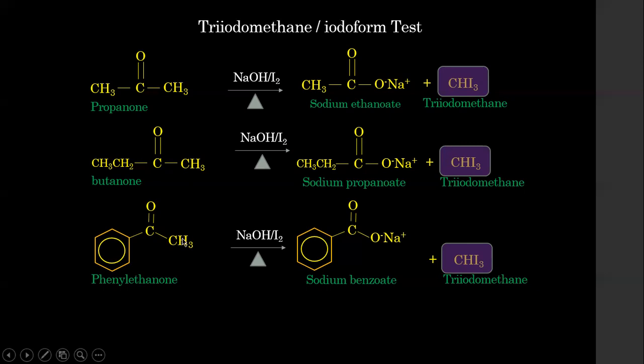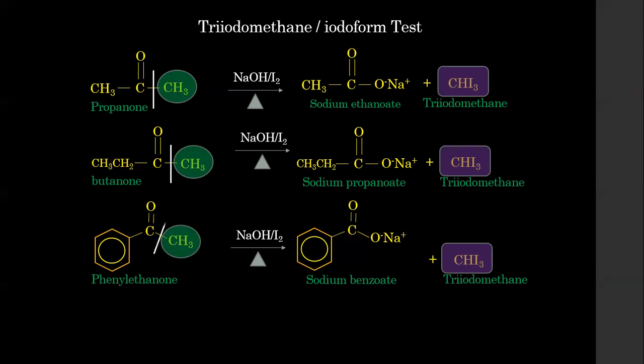Please remember, CH3 attached to the carbonyl functional group. In propanone, we see CH3, and that part gets detached. In the second one, again, the CH3 part makes triiodomethane as it detaches from the molecule. And in the third one as well, there's no difference.